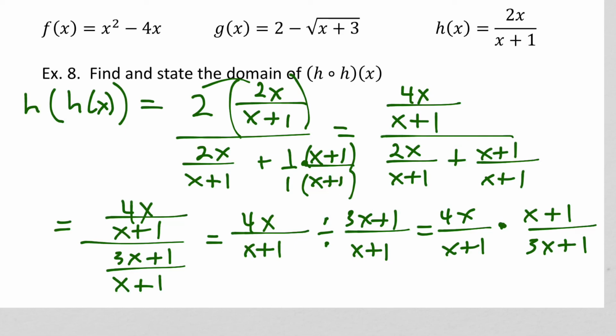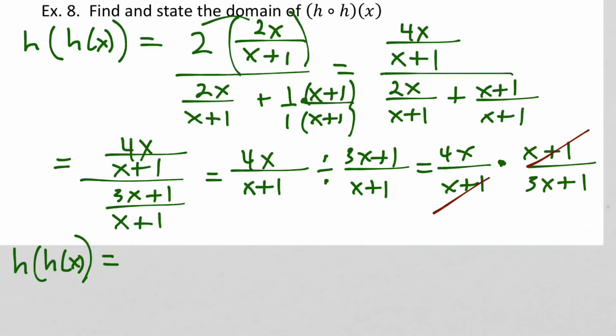These two factors are going to cancel here, and you'll be left with h of x equal to 4x in the numerator divided by 3x plus 1. So that's your reduced rational function.